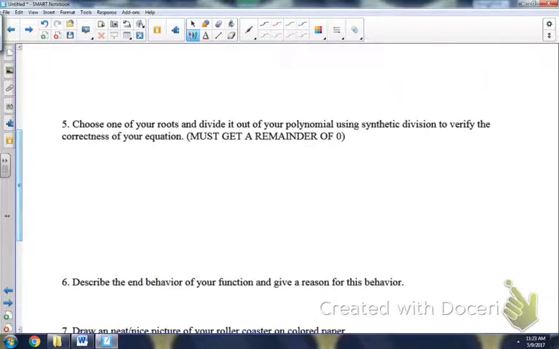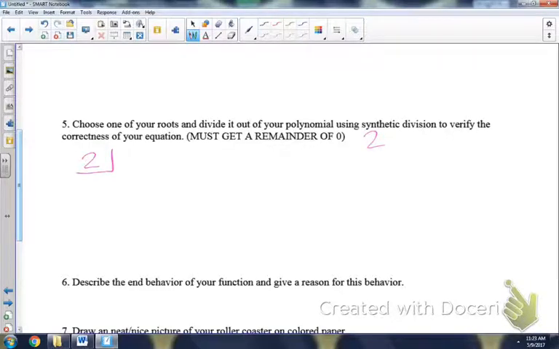Okay, so on 5, we're choosing one of your roots and dividing it out using synthetic division. You must get a remainder of 0. So choose any root that you want. I had a root at 2. So for synthetic division, we would write it out.